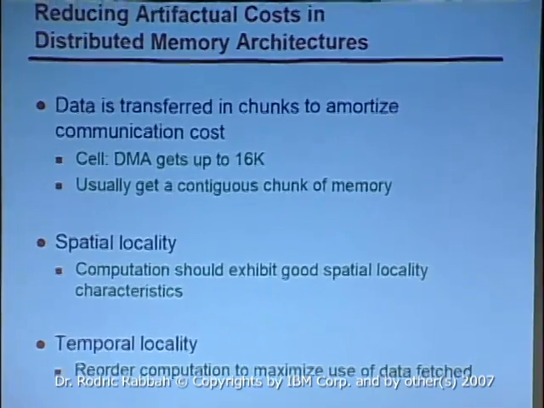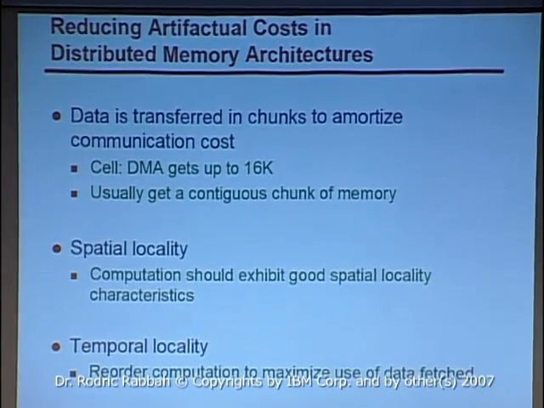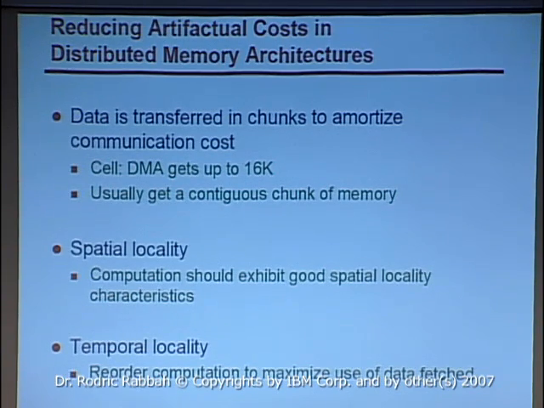So in the multiprocessor case, how do you reduce these artifactual costs in communication? You have these DMA gets and puts on the Cell, or in message passing you're exchanging messages, and typically you're communicating over coarse or large blocks of data.